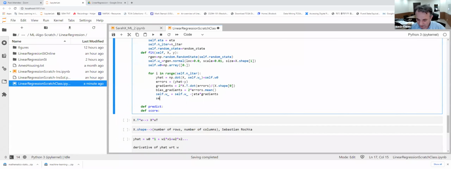Similarly, I'm going to update my W0. Let me also put this underscore here. These underscores indicate that these W's or W0s are generated inside the class.